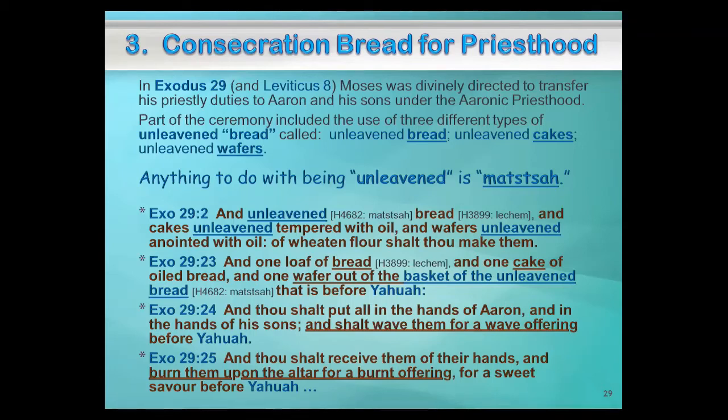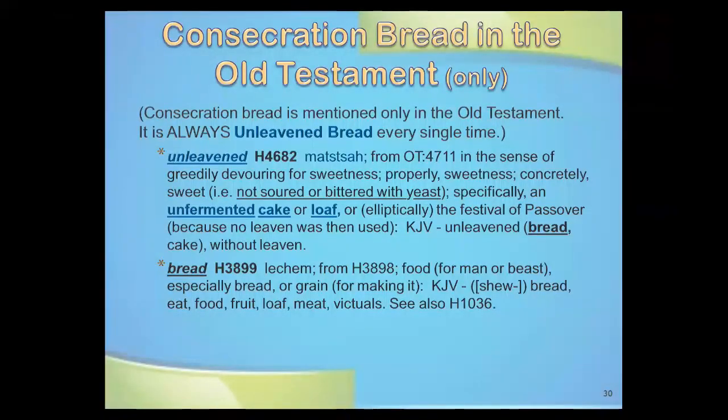So consecration bread in the Old Testament, this is only for the Old Testament. There is nothing in the New Testament. It is always unleavened bread every single time. That definition of unleavened is 4682 matzah. And look what it says, in the sense of greedily devouring for sweetness, properly sweetness.